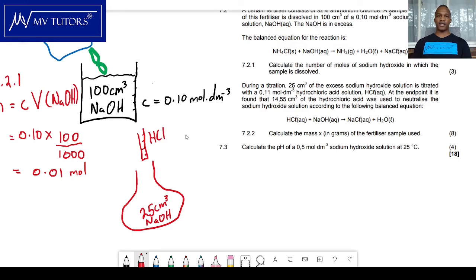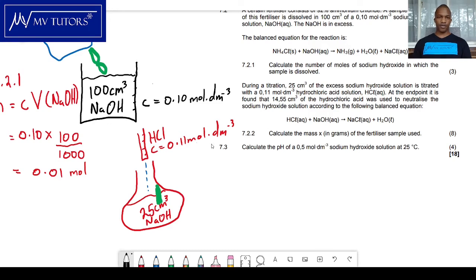Is that it has a concentration of 0.11 mole per decimeter cube. Okay, so you're taking drops of it and you're putting it inside here, and there must be some sort of indicator that will change color once it's neutralized. Okay, but let's read on.